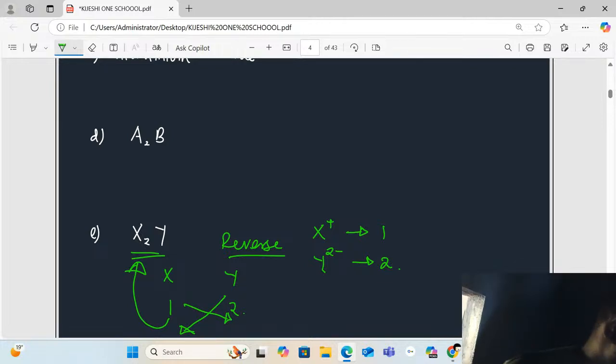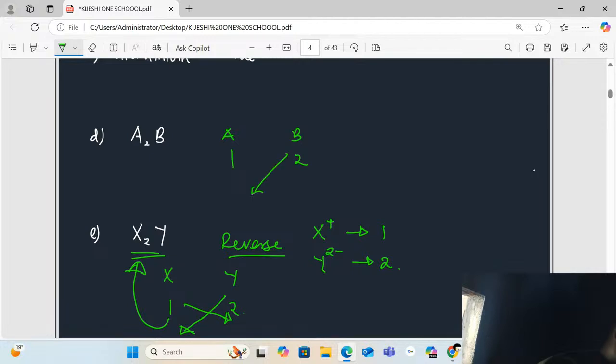Let's get to part D, where we have A2B. So how do we arrive at A2B? It means that we had A and we had B. Therefore, B, since is having 1 from the compound and A is having 2 from the compound, it means that A obtained these 2 from B. Therefore, this one was 2 and A was 1.